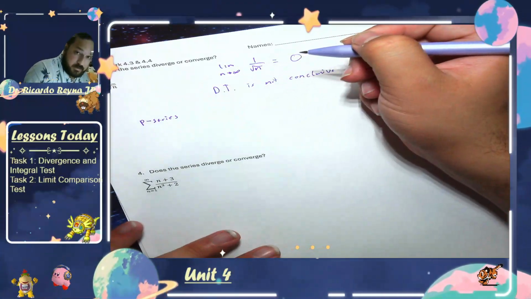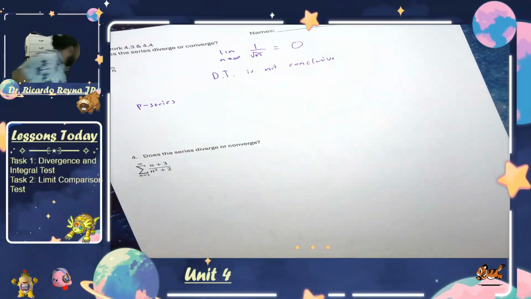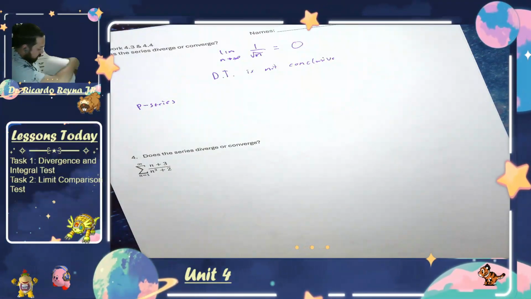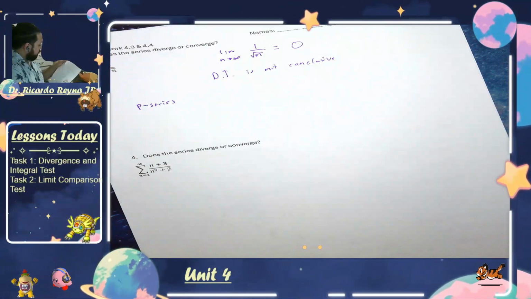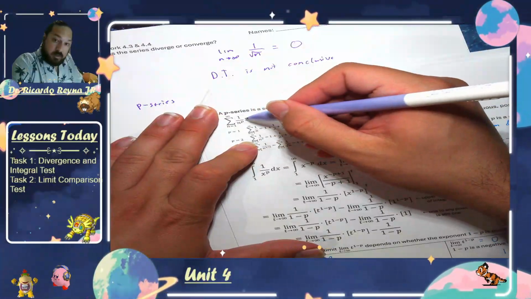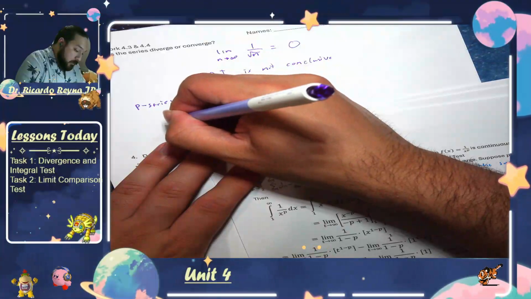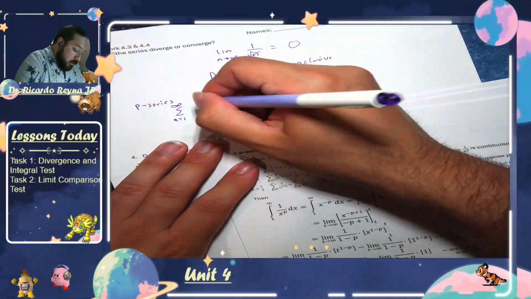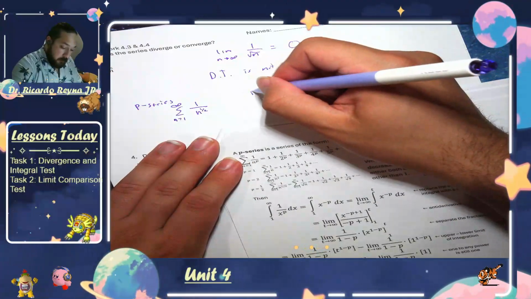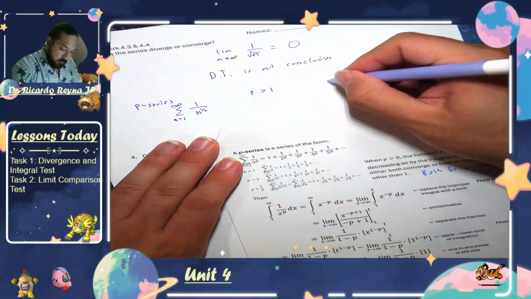Let me actually just get our notes for that, just so I don't misspeak. The p-series states that when you have a series in this form, which we technically can rewrite as 1 over n to the power of 1/2, and p is greater than 1, then the whole series converges.